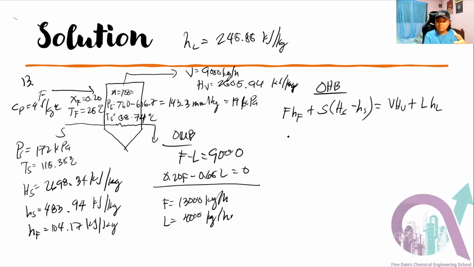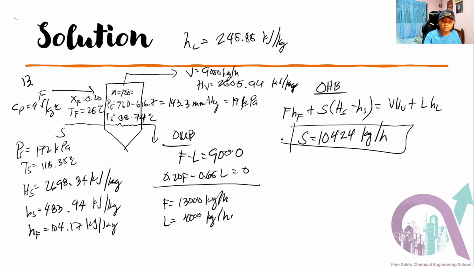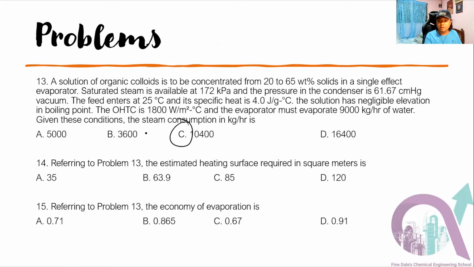So substitute everything here, everything that you got. So you can see you have 10,424 kilograms per hour of steam. Number 13, you have letter C.